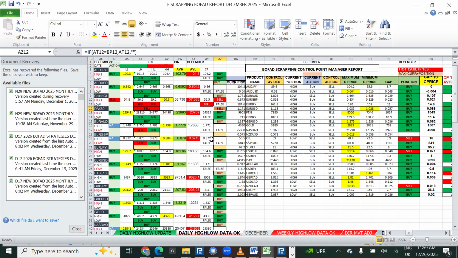So that is how we'll be able to do the first stanza of this training. So when we come back in the next section, we are going to continue with the training on the scrapping report template.